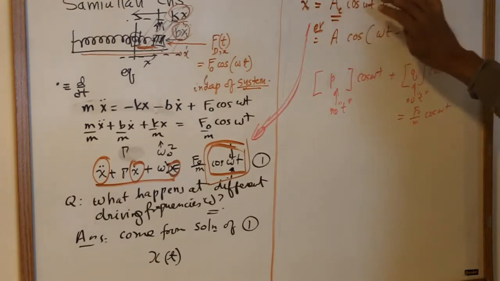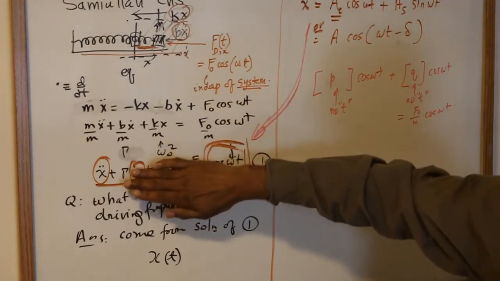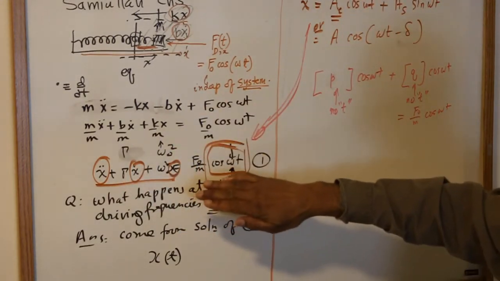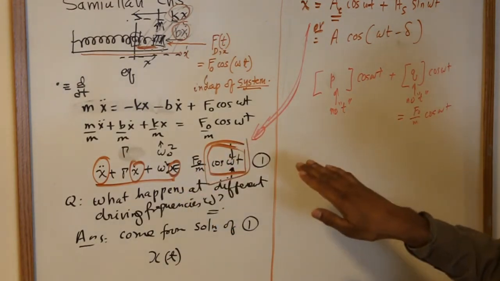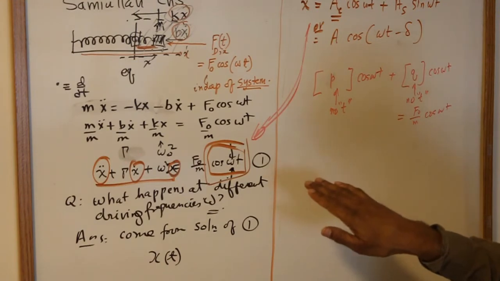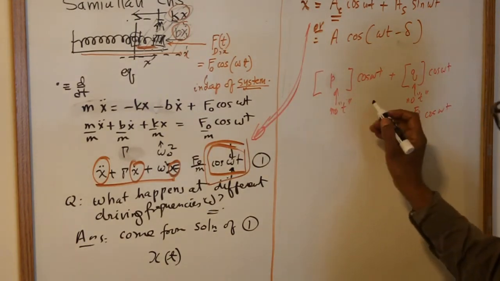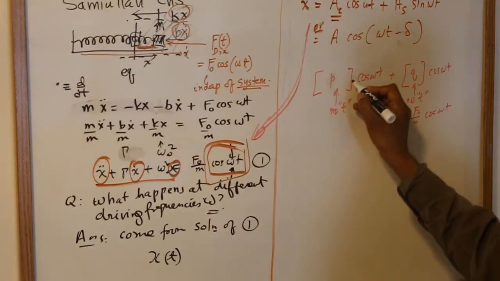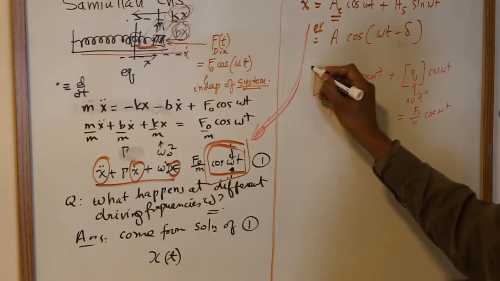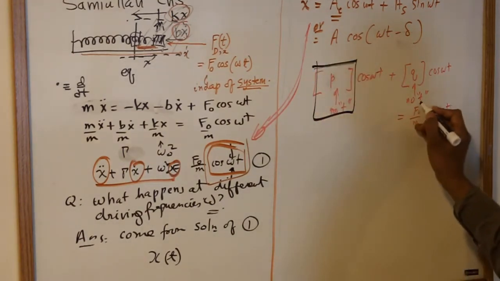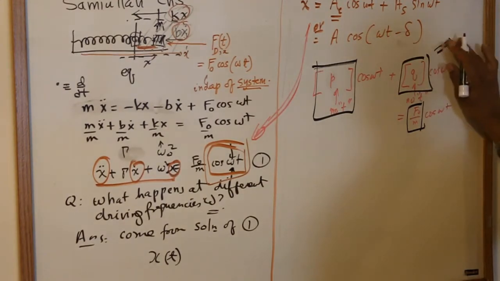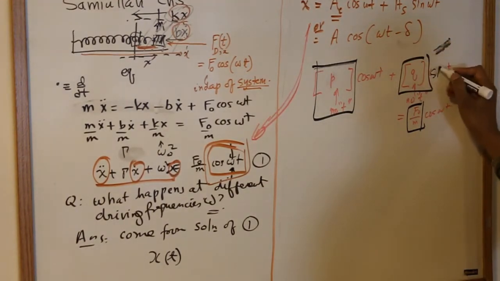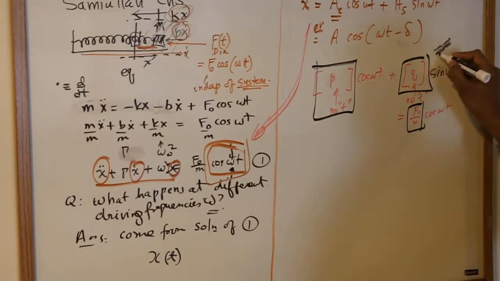If I plug either of these two guys in here, I'll end up with this. And you would see that you can show that this is equal to that, and this is equal to 0.